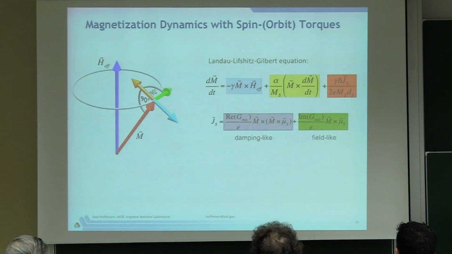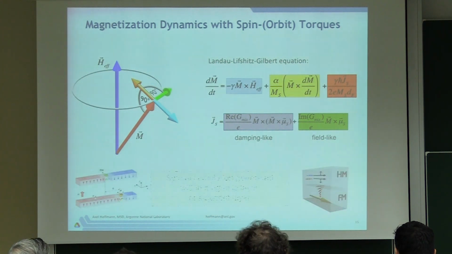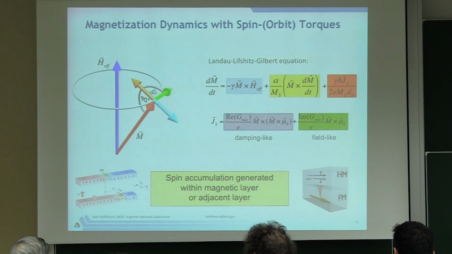This is for a very specific case where you have a spin current going across an interface, and things like how well the spin current is transmitted across the interface are built into this. But in principle, these ideas work in several ways.